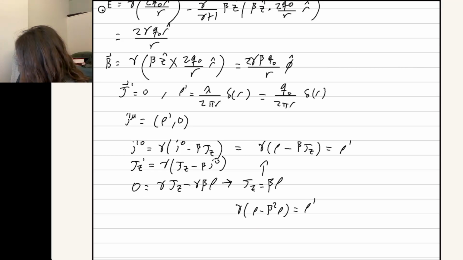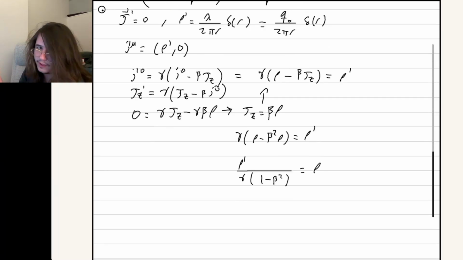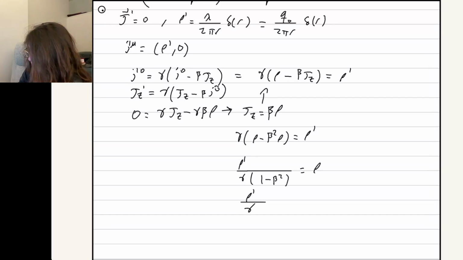And then solve for rho, so we get rho prime over gamma times, divided by 1 minus beta squared. And you'll get back your rho, but then 1 minus beta squared is just the inverse of gamma squared. So you get gamma squared up here. So you just get rho prime gamma is equal to rho.